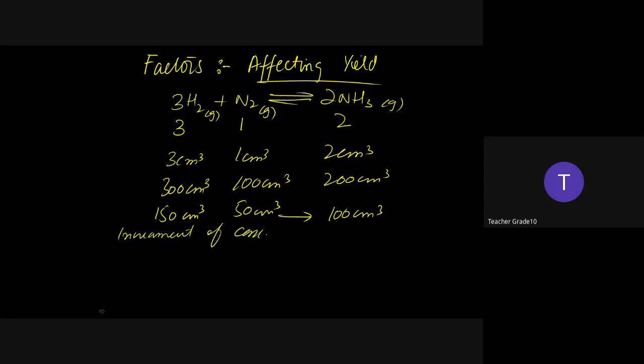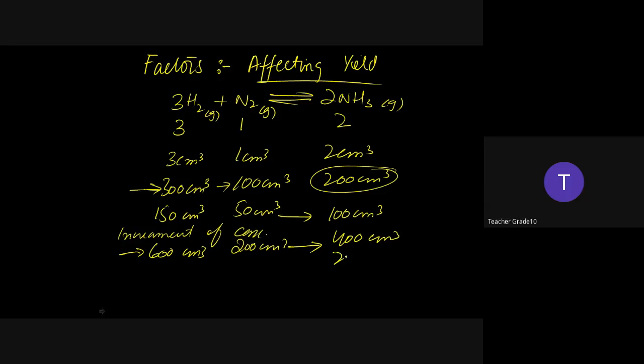If we are using 300, we can use 600 for this. If we are using 100, we can use 200 over here. So if it can produce 400, half of it will be 200. Initially, when we were using 300, we got a product of 100 cm³.